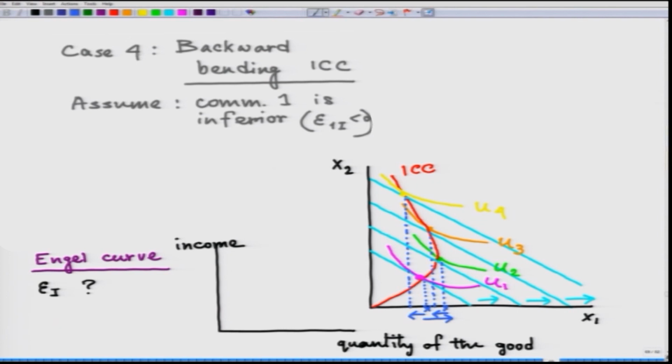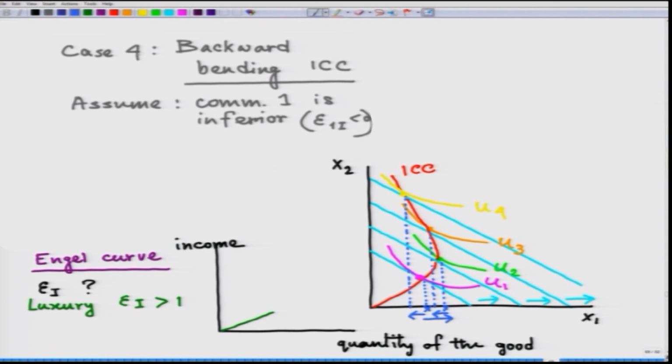Now, we are going to first assume that the good that we are dealing with is a luxury item. For a luxury item we already know that the income elasticity of demand will be greater than 1. In that case, the Engel curve can be a straight line like this. It can also be concave to the x axis.